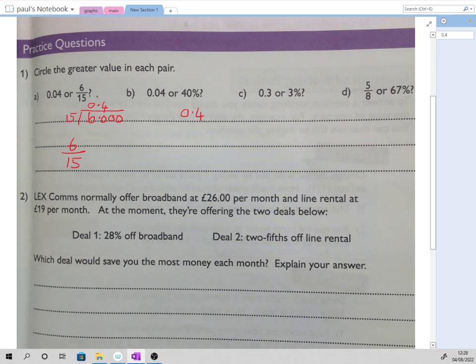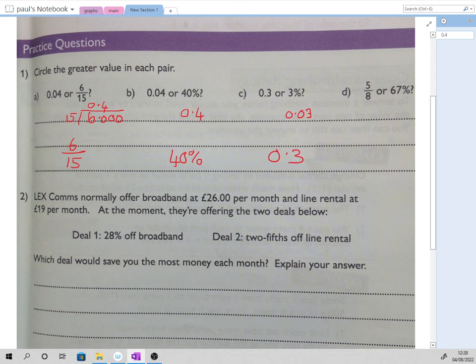So the greater value here is the 40%. 0.3 or 3%. Well, if I divide that by 100, I get 0.03. So the greater one in this pair is 0.3.